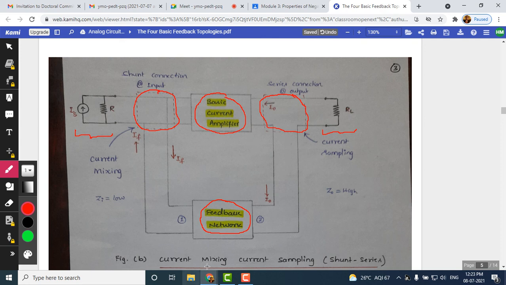Now, with reference to this feedback topology suitable for the current amplifier, you can see the sampling which is happening in a series fashion here. The current I naught is going back to the amplifier, and you can see that another current is coming from the amplifier and goes to the feedback. Look at this IF.